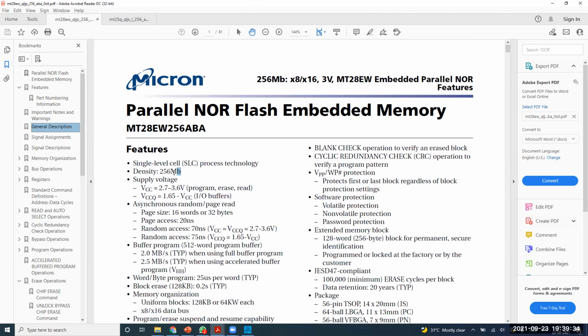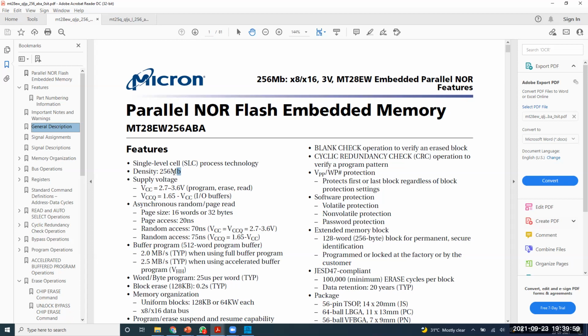But the size is 256 megabit. If you use 8-bit, then the number of locations is 256 megabit divided by 8. How much? 32 megabyte. 32 mega locations are there.